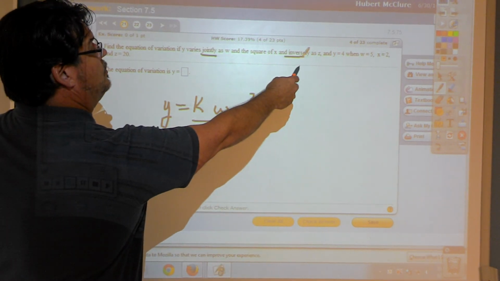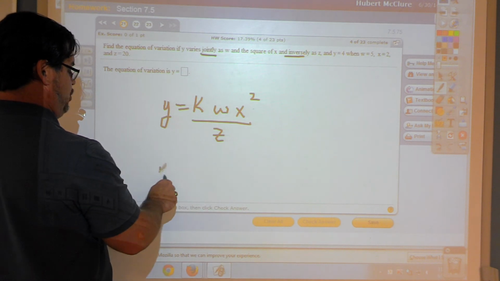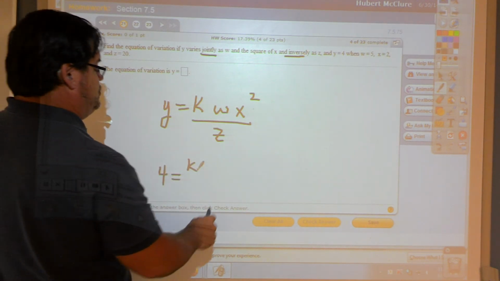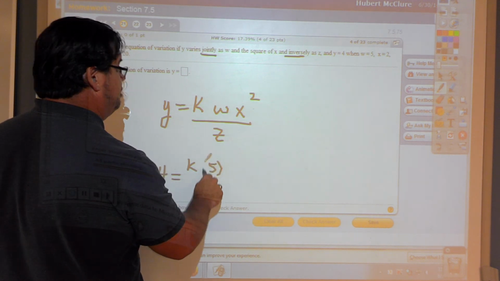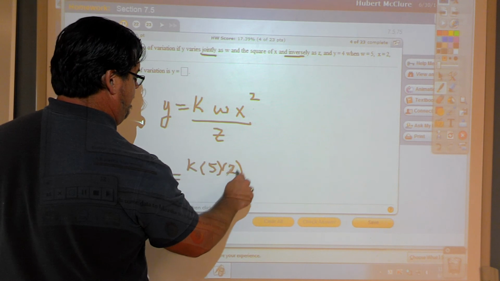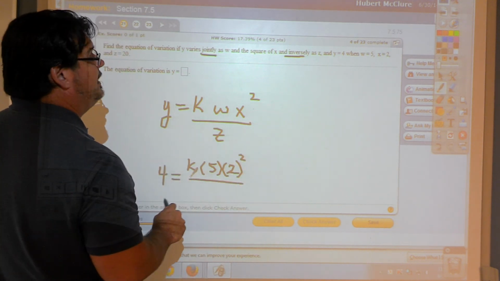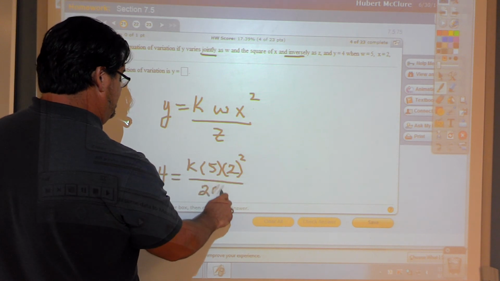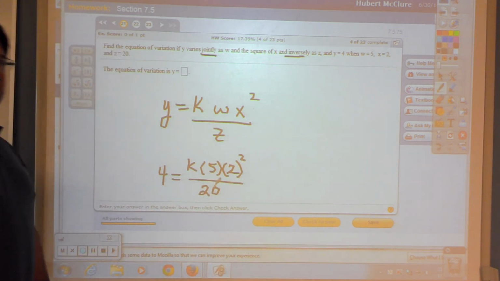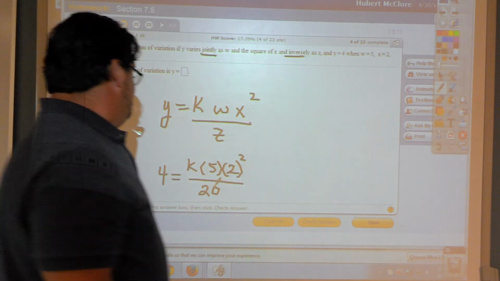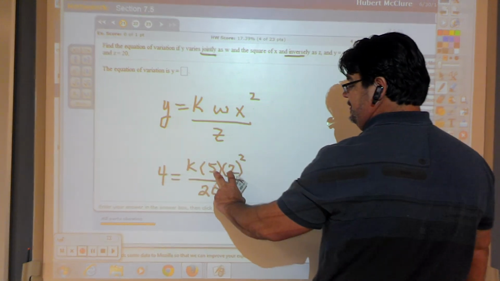So what do they give you? Y is equal to what? 4. W is what? 5. X is what? 2. And z is what? 20? Now before you start reaching for a calculator, just chill, because I believe some of you might be able to do this. Because what happens right here?